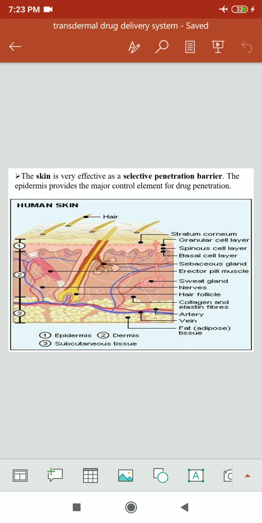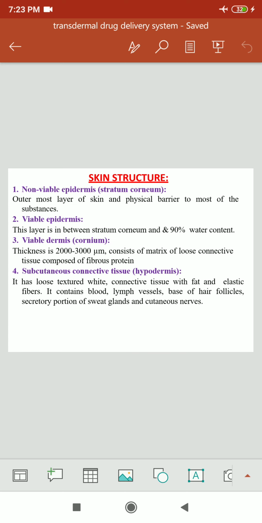Now this is the human skin, which contains three layers: first the epidermis, second the dermis, and third the subcutaneous layer. The skin structure has the stratum corneum, the non-viable epidermis, the outermost layer of dead keratinized skin cells. Second is the viable epidermis, between the layers below the stratum corneum, containing 90% water. Third is the dermis, with a thickness of 2000 to 3000 micrometers, consisting of loose tissue and fibrous protein.